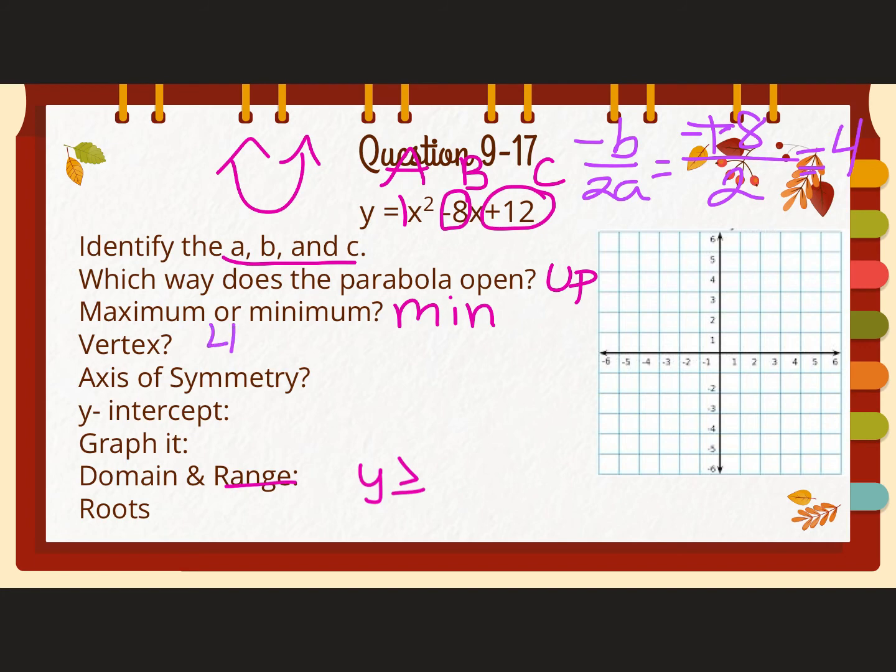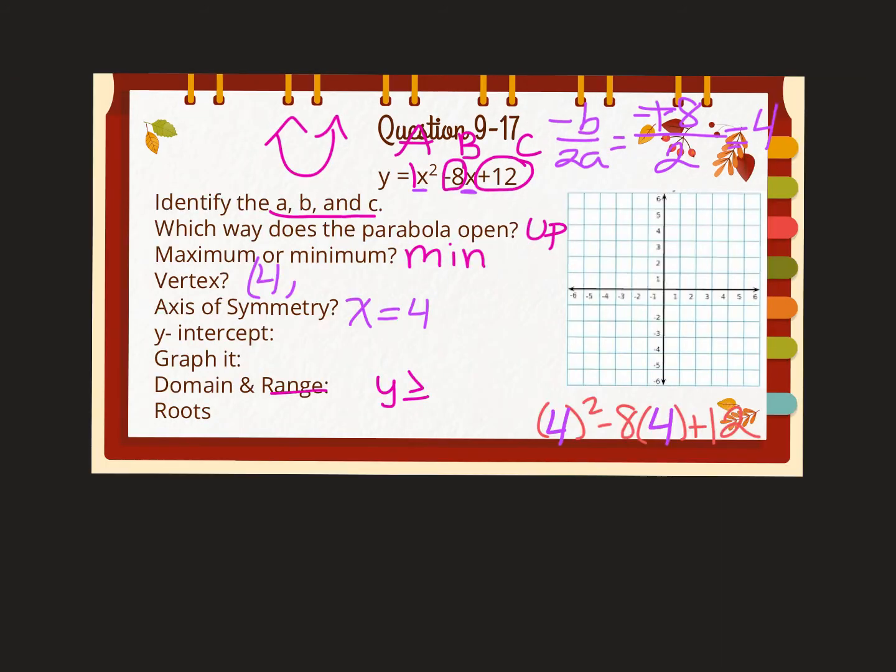So we know our x value is 4, which means our axis of symmetry is x equals 4. So from here, anywhere there's an x in my equation, I'm going to replace it with the number 4. So I have that there at the bottom. So 4 squared is 16. Negative 8 times 4 is negative 32, plus 12.